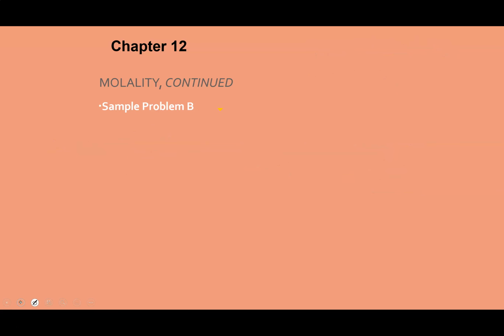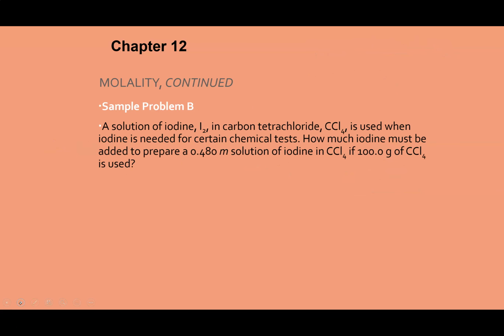All right, our next problem has iodine in carbon tetrachloride, which is used for certain chemical tests. How much iodine do we need to add to prepare a 0.48 molal solution of iodine in CCl4 if 100 grams of CCl4 is used? So again, we're going to write out the molality formula.